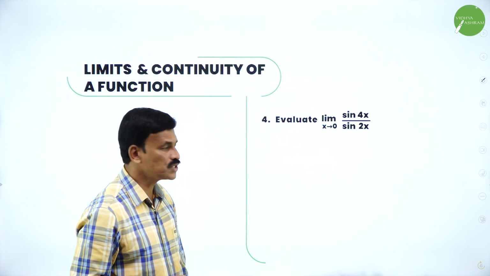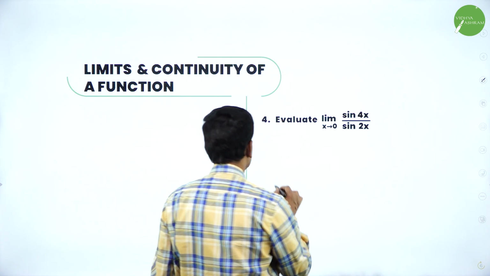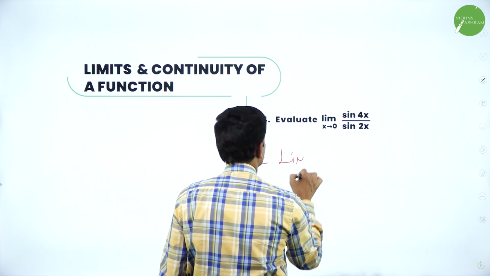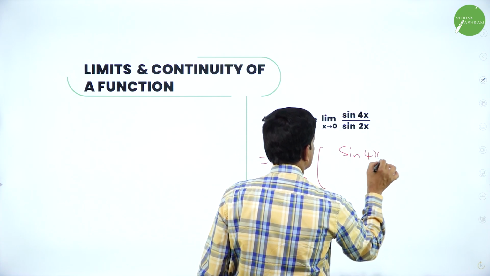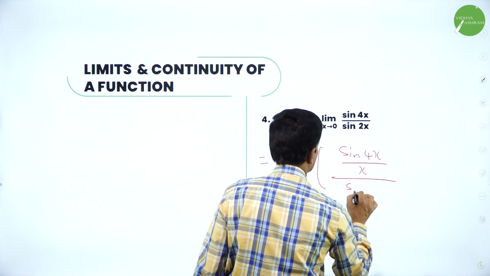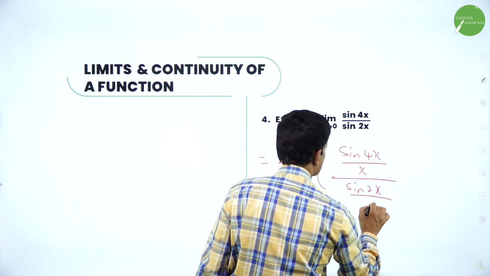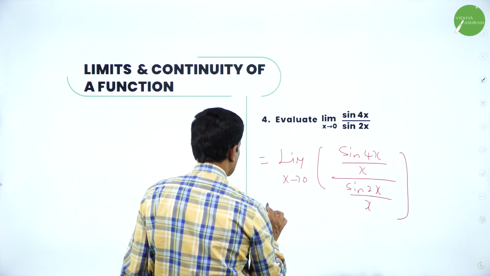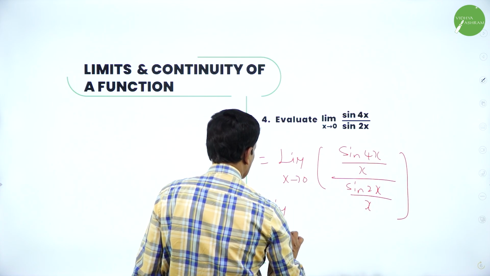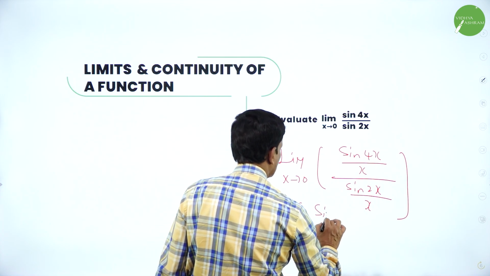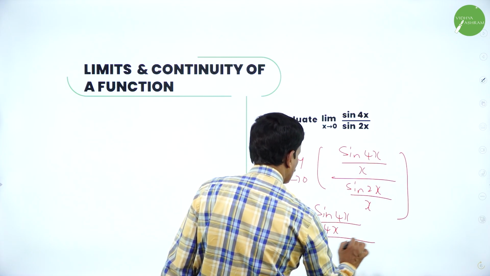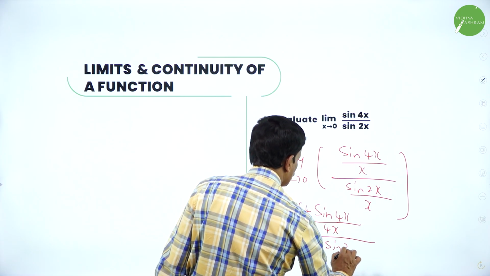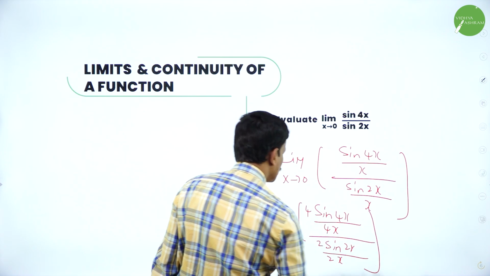Evaluate limit x tends to 0 of sin 4x by sin 2x. So, this can be written as limit x tends to 0 of sin 4x divided by x, both in numerator and denominator, sin 2x divided by x. For this, just multiply and divide by 4 in the numerator, and for sin 2x, just multiply and divide by 2.